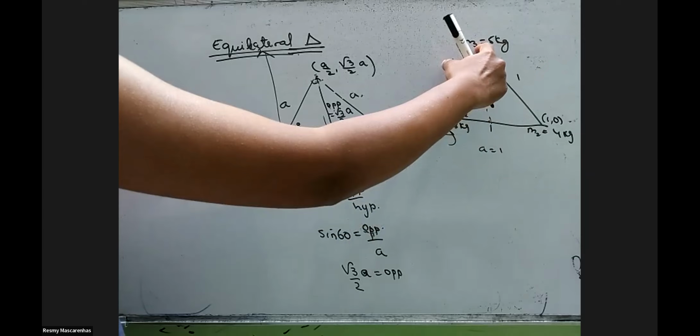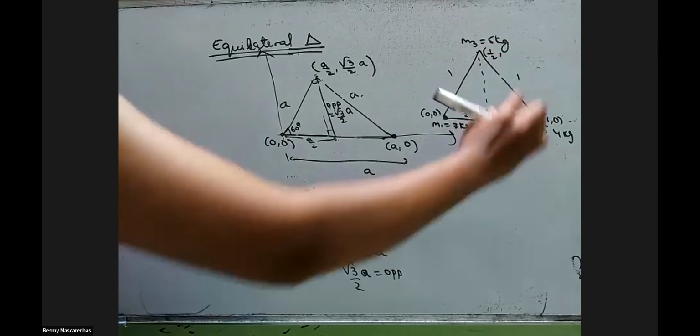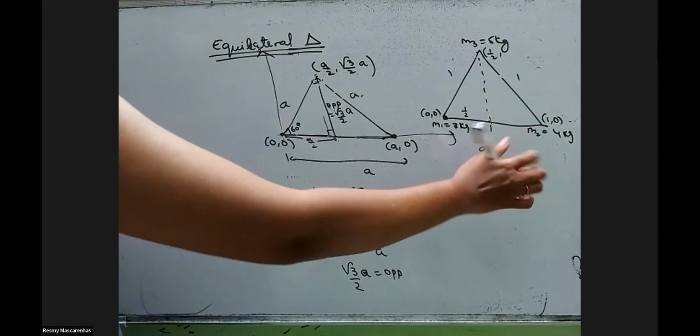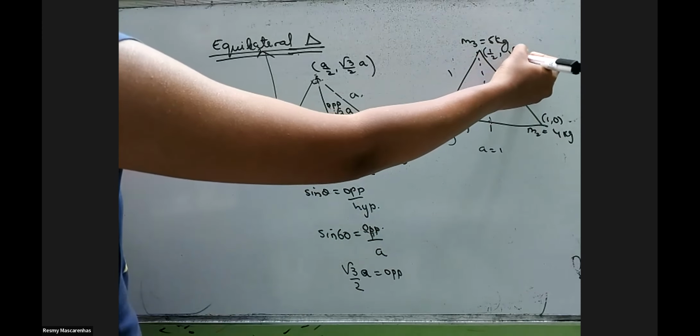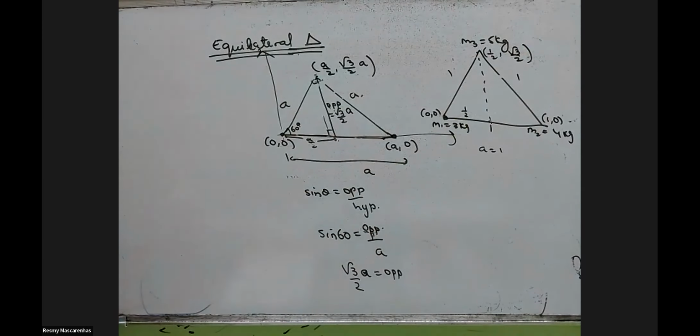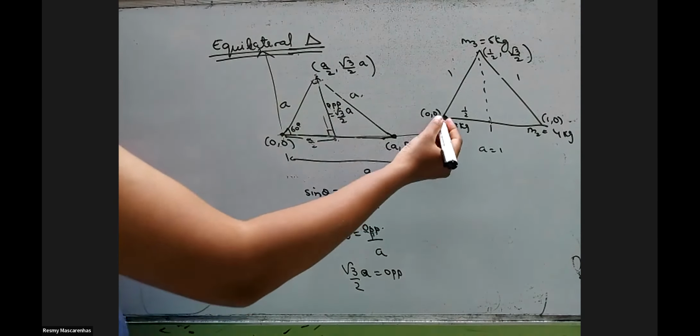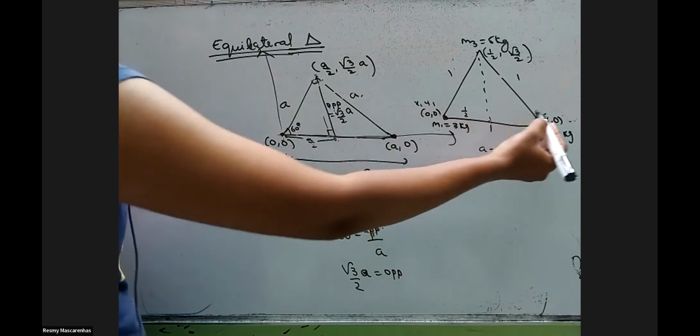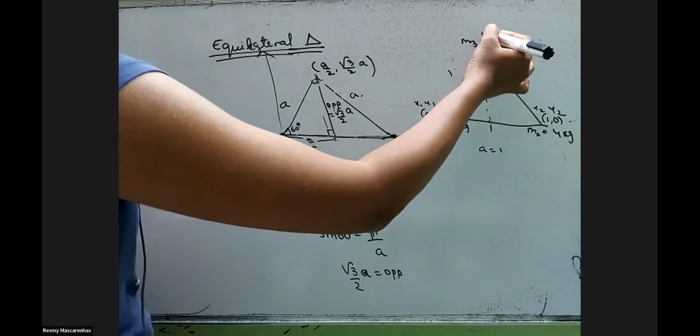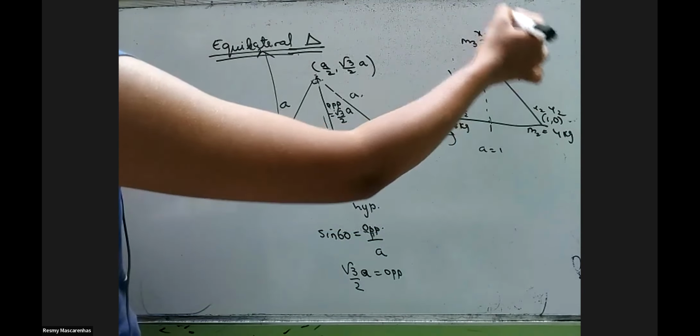So the x distance of this point is half, and the y distance, as I told you, is always root 3 by 2 into A. So straight away it will be root 3 by 2. So this is x1, y1, x2, y2, x3, y3.